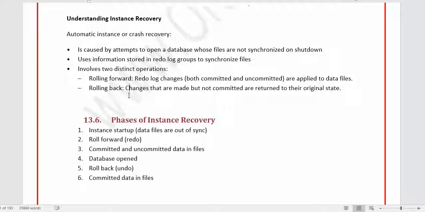Then it identifies that there are some transactions from a particular SCN number that it has to roll forward. So roll forward is nothing but it will perform all the 15 transactions that are available in the redo log files. That is what is called the roll forward operation.